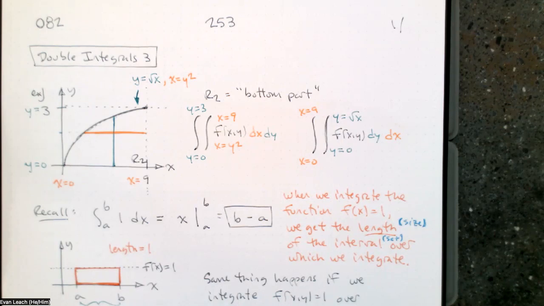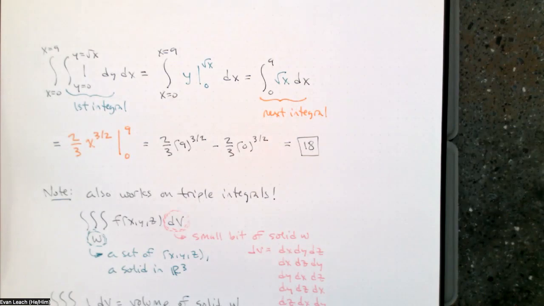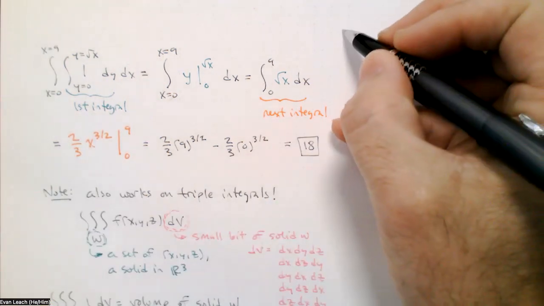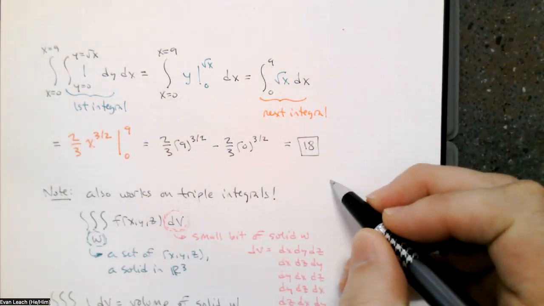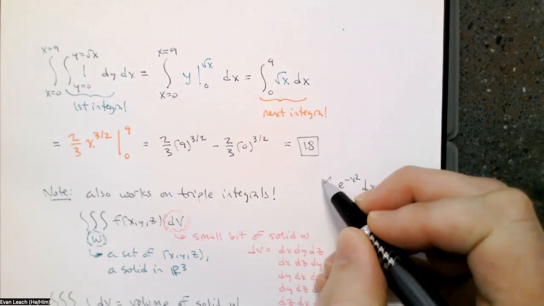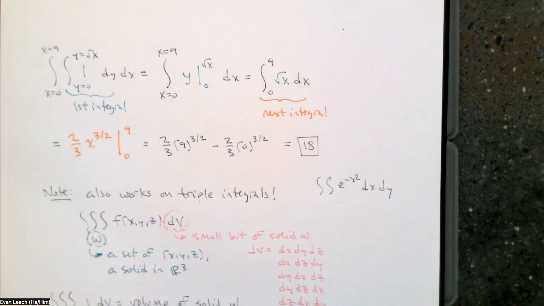And that could be relevant. It might be that when we look at our function, integrating with respect to x is not available. We know there are some functions that don't have nice antiderivatives. If we write e to the negative x squared as a dx integral, we can't do that. There is no antiderivative.